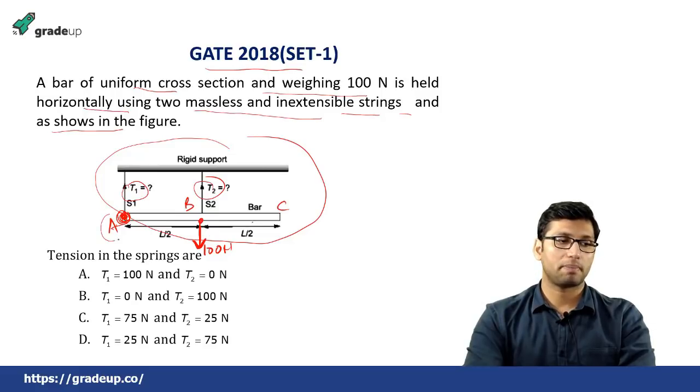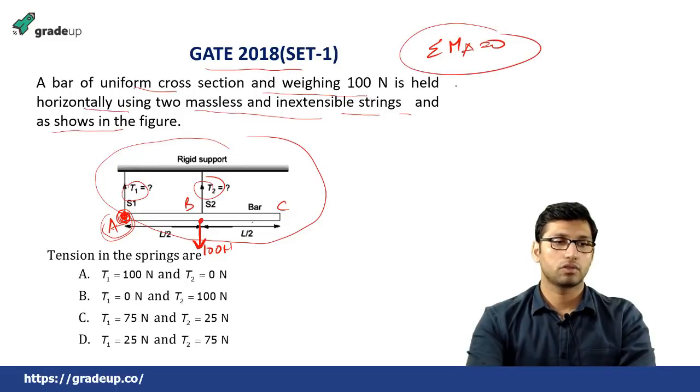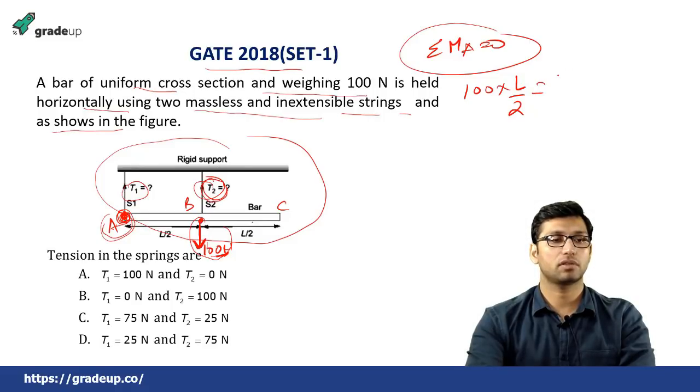Applying moment at point A, the moment will be equal to 0. Moment is equal to force into distance, so here the force is 100 Newton, and 100 into distance L by 2, and there is also a tension force acting upward, opposite to this direction, so this will be equal to T2 into L by 2. After solving it, we will get T2 equal to 100 Newton.